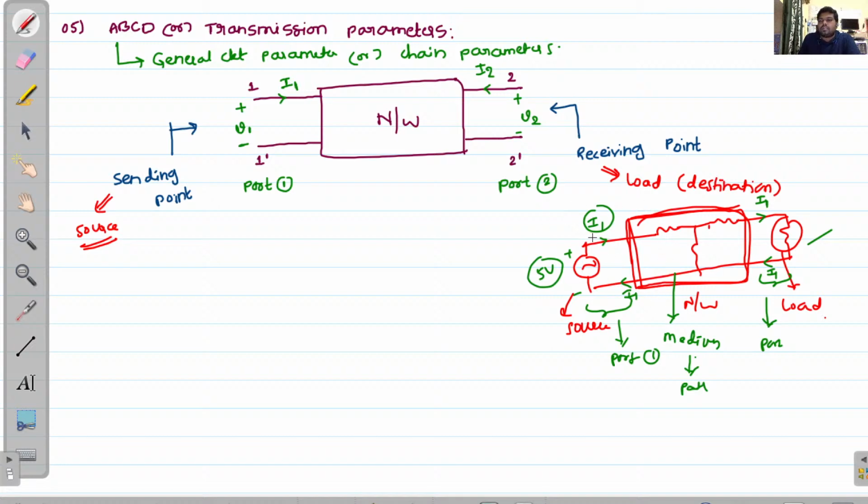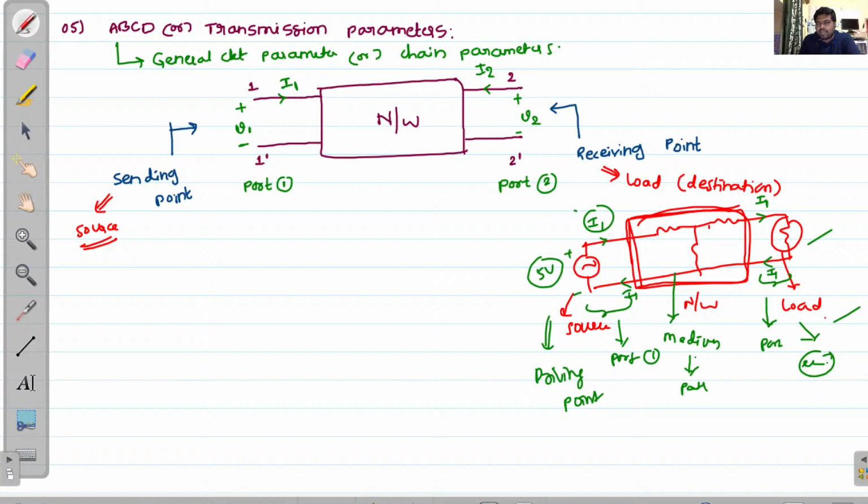Okay, so if I am taking one-way transmission from a driving point to an ending point, the driving point is nothing but the source, and this is your driving point here. And this one is the ending point, otherwise we can call it the load, right? So the energy transmission takes place from the driving point to the load.